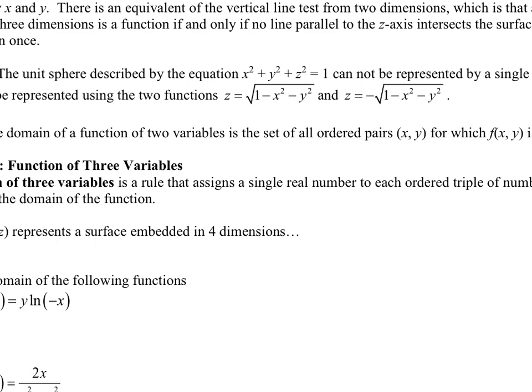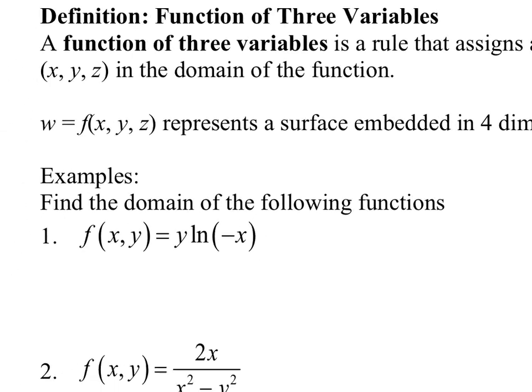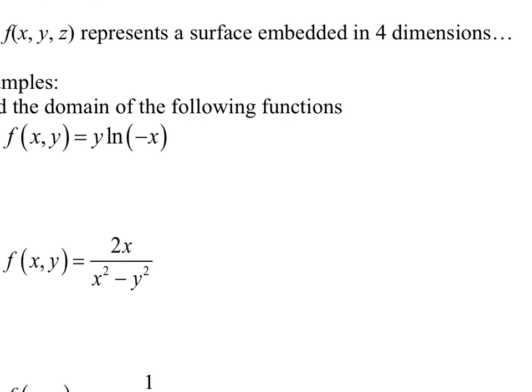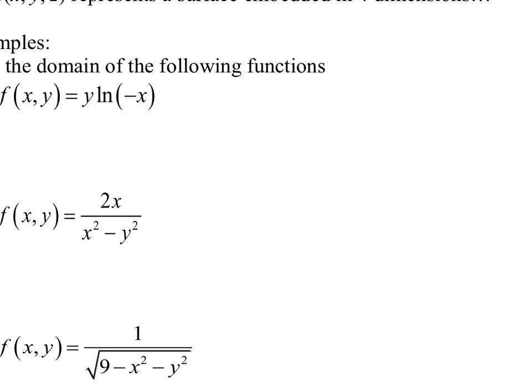So with that in mind, we take a look at a function, f of x comma y, and we say, well, what's the domain of it? Well, you look at it and say, what's the problem? There is no problem with y. Y could be anything, so y belongs to the set of all real numbers. There is no restriction on y.